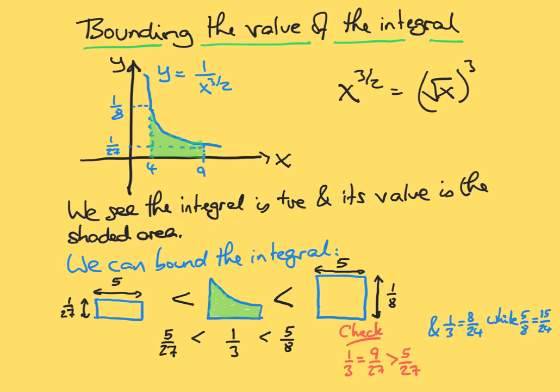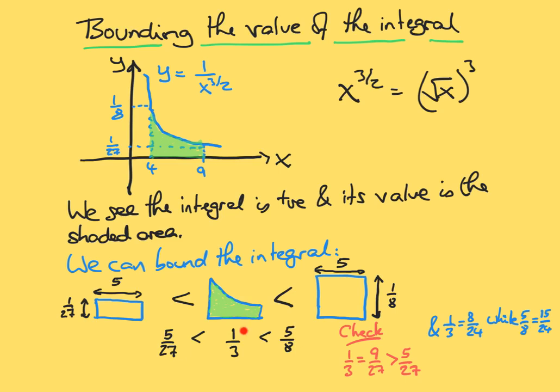Similarly, a lower limit would be given by, well, the smallest value of our function is 1 over 27. So if we work out the area of a rectangle of base 5 and height 1 over 27, that's going to be less than the value of the overall integral, as you can see here.